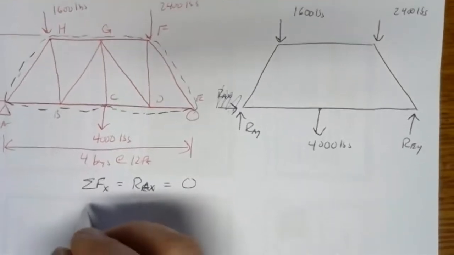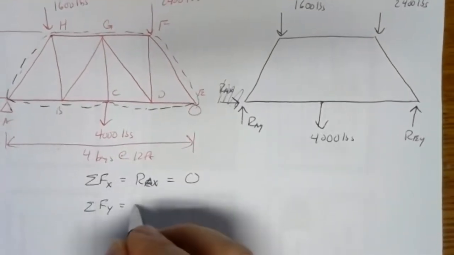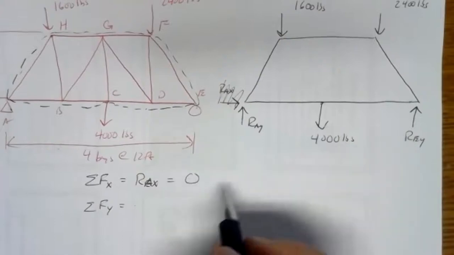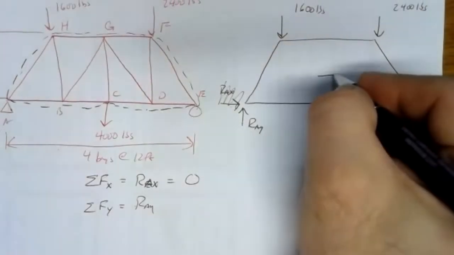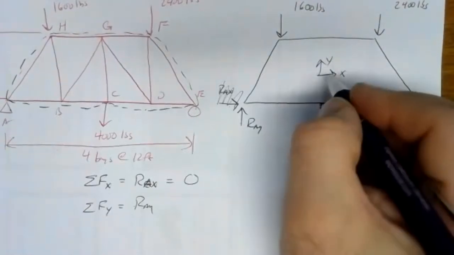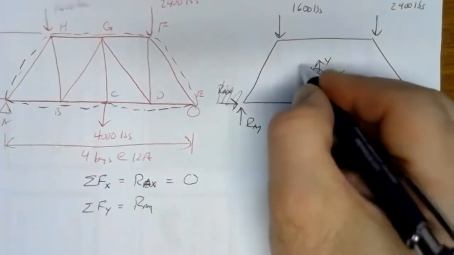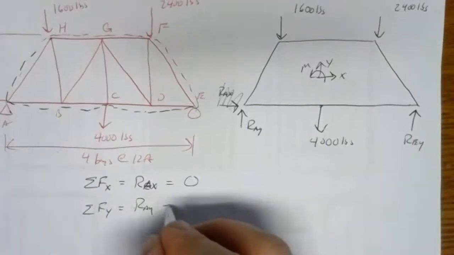If we take our sum of forces in the y direction, we have, going just left to right, a positive RAY, since x to the right and y up are positive, and counterclockwise moments are positive. We've got a positive RAY.